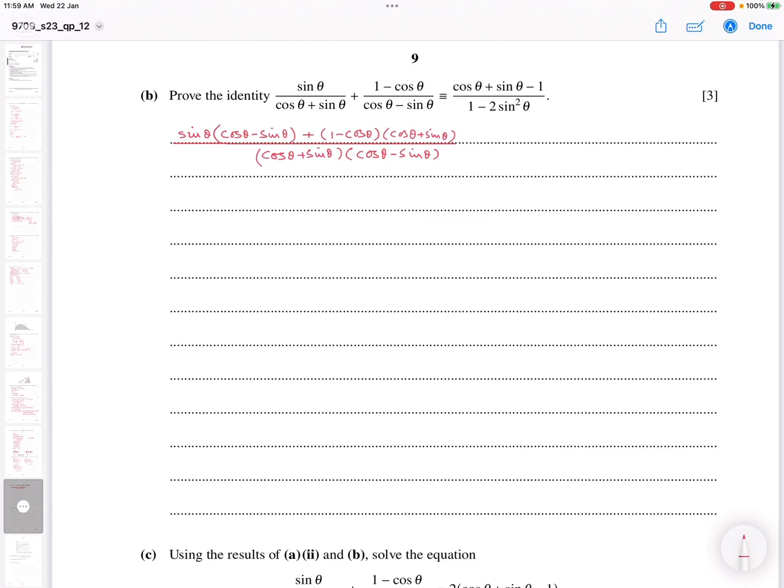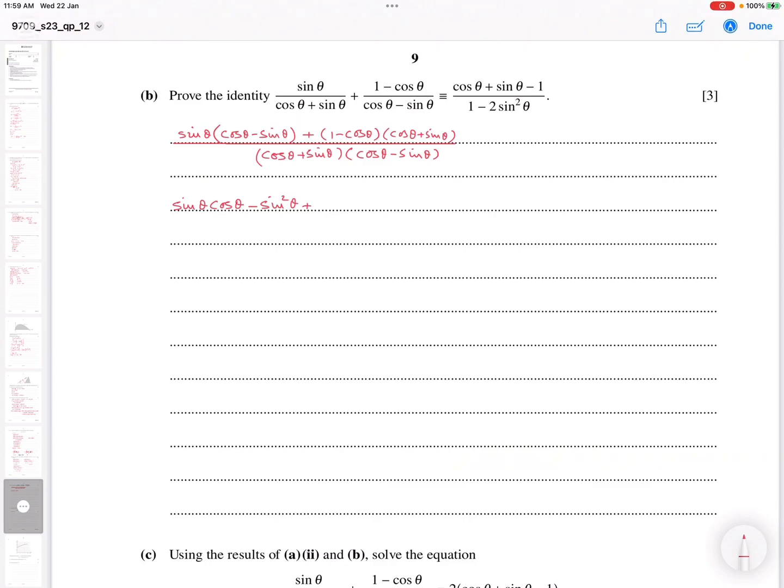Now I'm going to multiply sin theta with the bracket. So sin theta cos theta minus sin square theta plus, now multiply the two brackets.